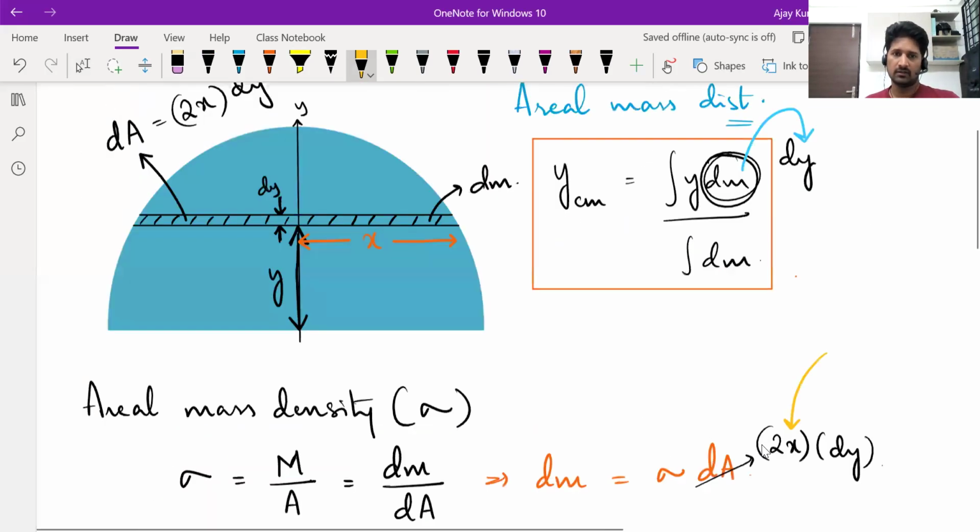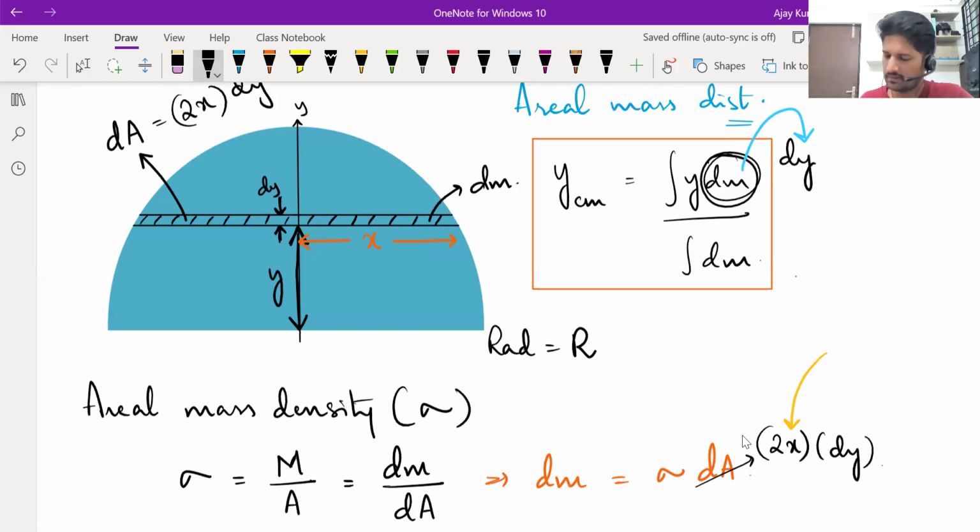Let's see if any of you can tell me the relation between x and y. Observe this diagram carefully. The radius of the semicircle is r. Tell me if you can relate x and y in any manner.